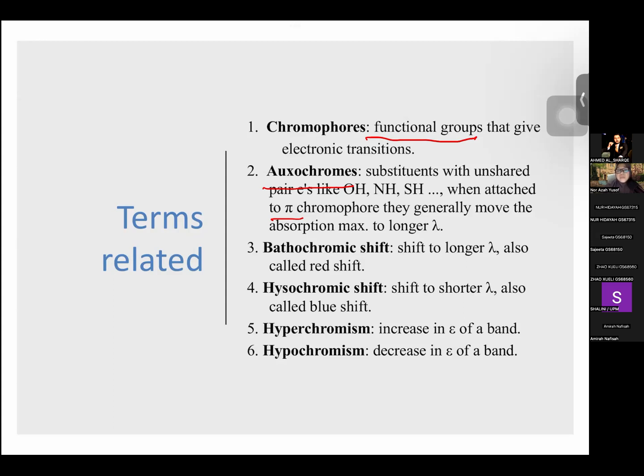If you remember your organic chemistry, double bond is what we call unsaturated. Where you have, not to say free electron, but the electron can jump. So that's why, when you have chromophore, that compound is considered as chromophore.